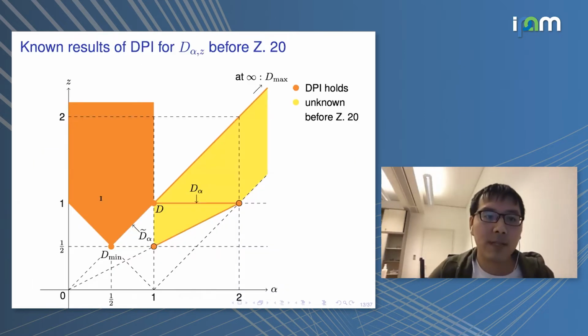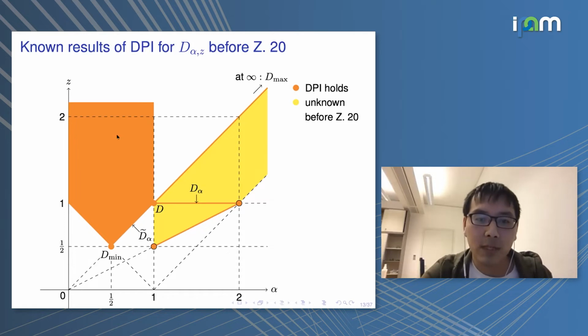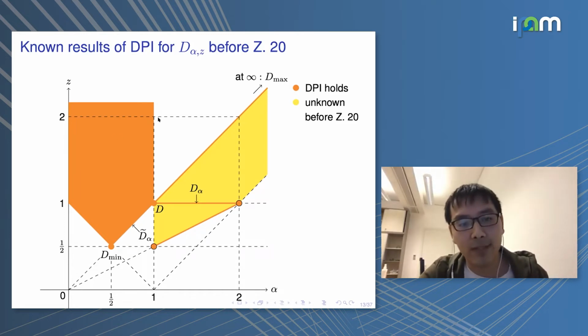Okay, so this picture summarizes the known results of the data processing inequality for the alpha-z before our work. Namely, in the orange part, we know that the DPI holds, with known convexity and concavity results. In this yellow part, we don't know if the data processing inequality holds or not. And for the other region, we know that it fails.